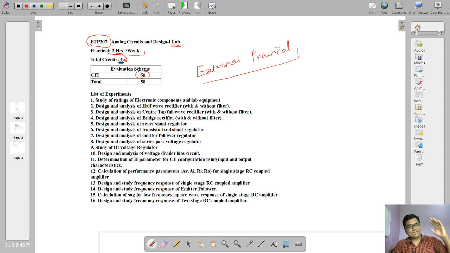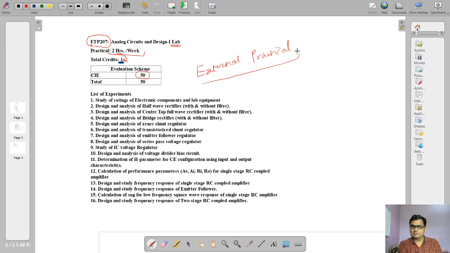So whatever practicals you have done throughout the semester, depending on that there will be an exam. But the meaning of external exam is that a person not from your institute, maybe from another institute or another university, will come and conduct your examination. That is called external examination.